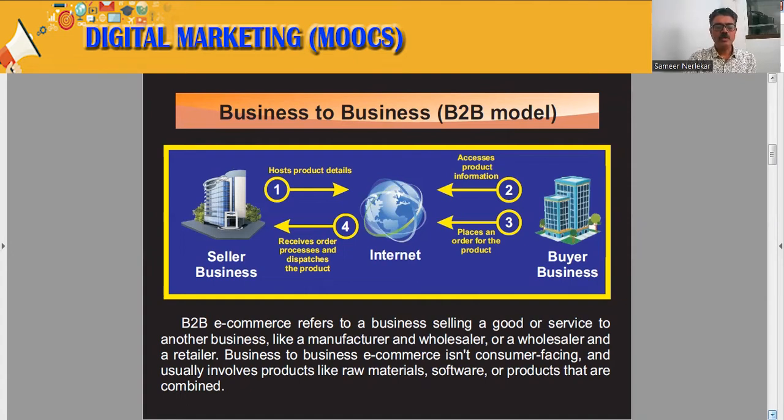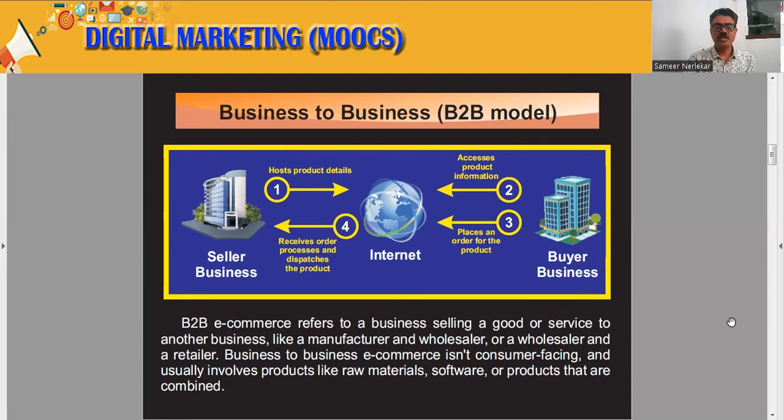Now in B2B e-commerce, on both sides there are businessmen, meaning the transaction is done between 2 businesses. B2B e-commerce refers to a business selling goods or services to another business, like a manufacturer and wholesaler, or a wholesaler and a retailer.